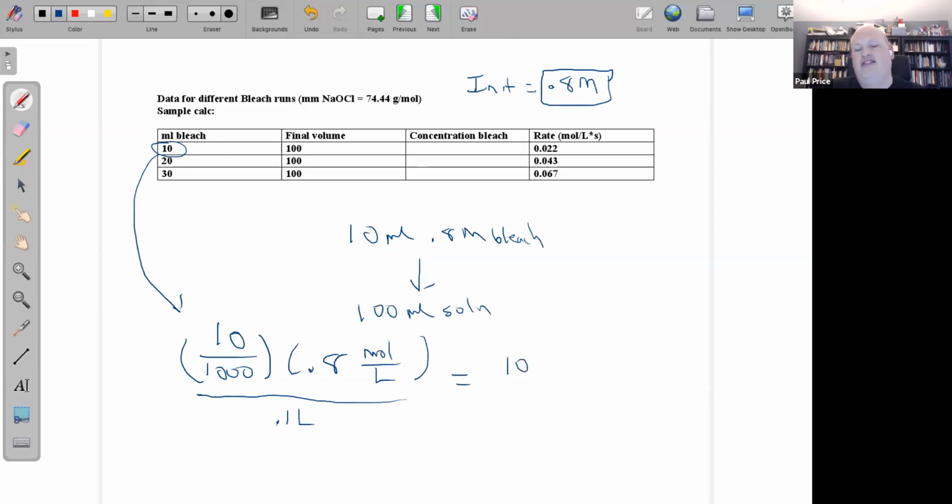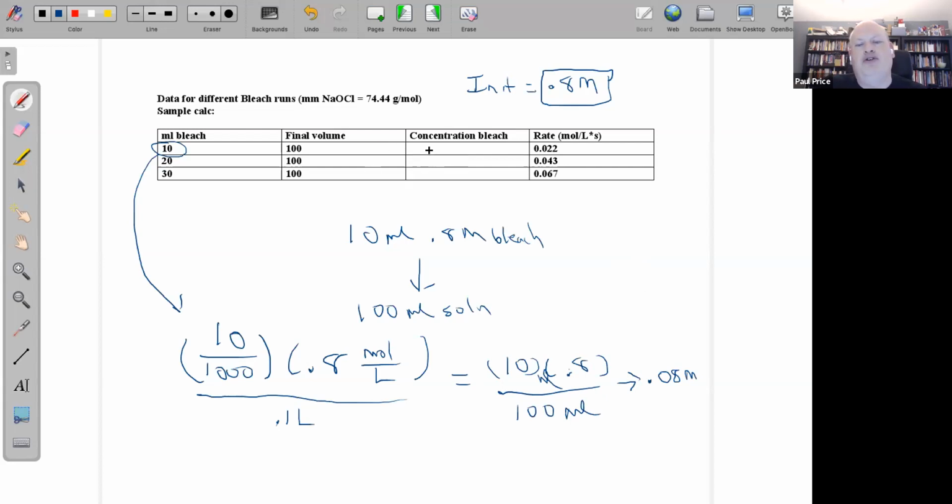We could have just said 10 times 0.8 over 100, because the only thing we worry about are the relative amounts. So I diluted 10 mils of 0.8 molar to 100 mils. So that means the concentration dropped by a factor of 10 and is approximately 0.08 molar.